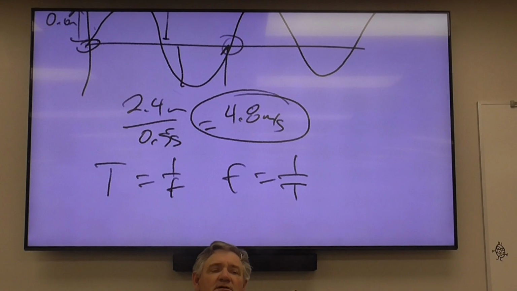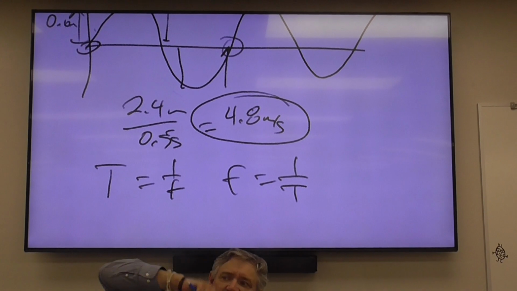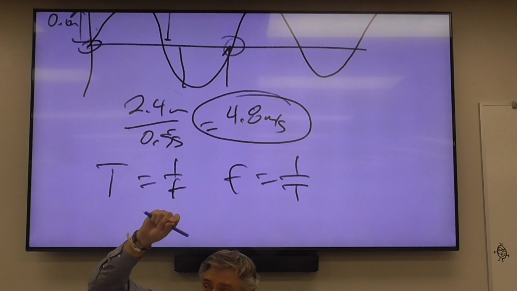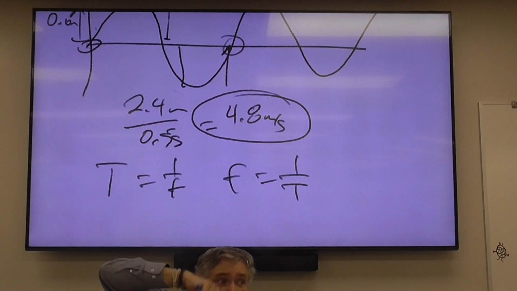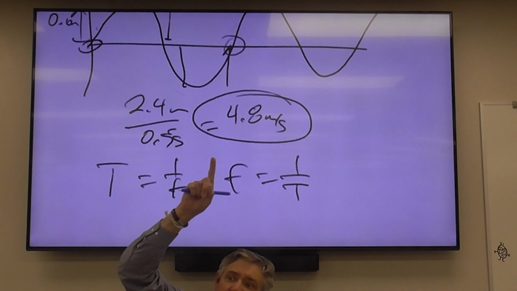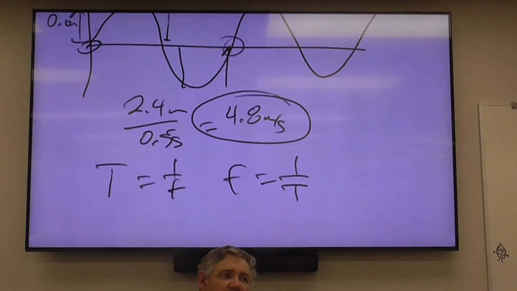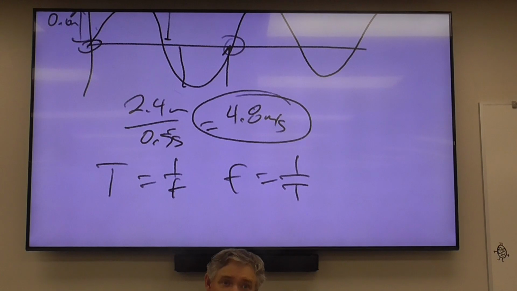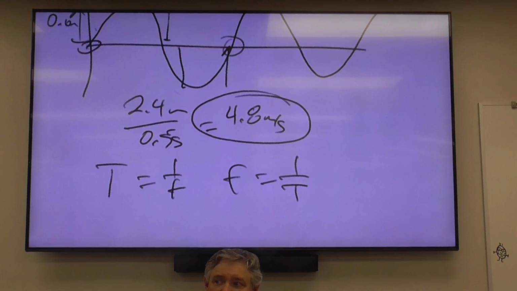If this thing is going to vibrate basically twice as much in the same amount of time, going back and forth, what's going to happen to the period of that oscillation? Is it going to go up by a factor of 4, or is it going to be half as much?